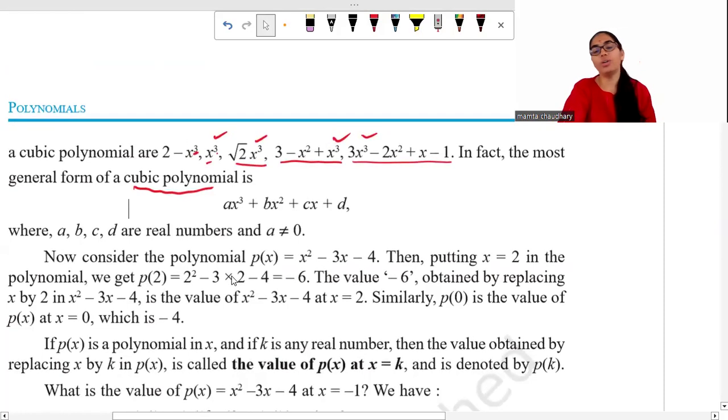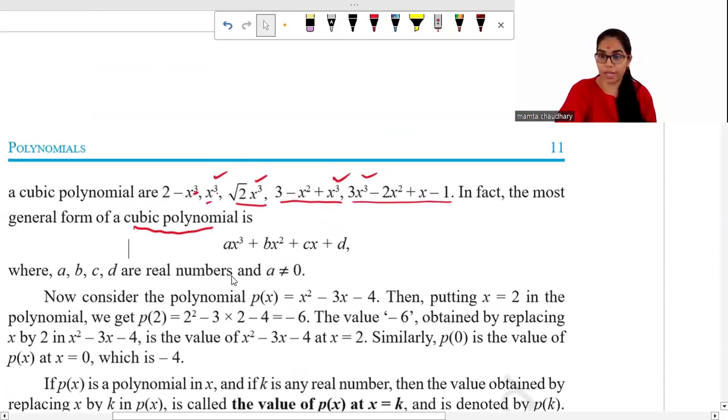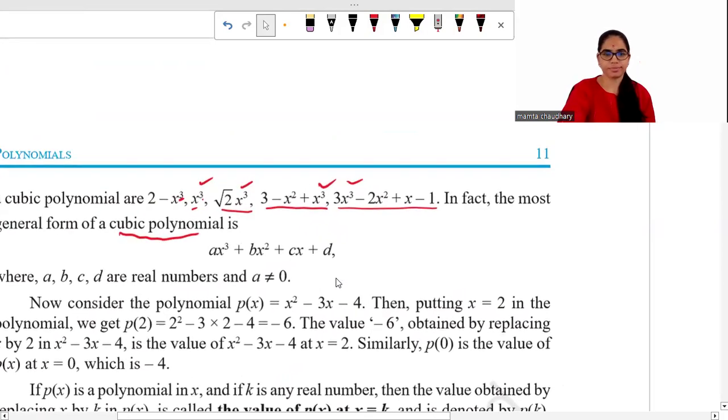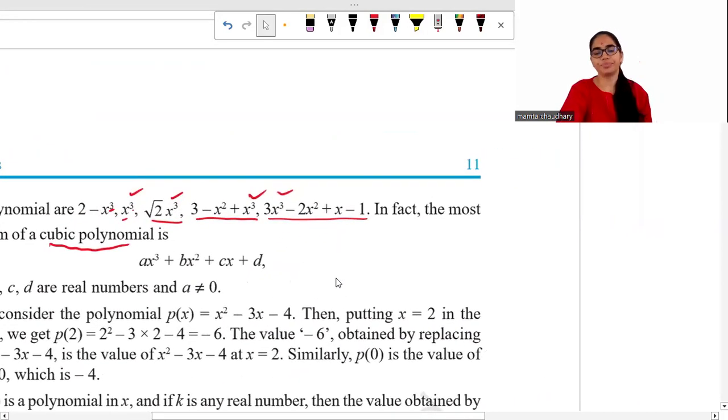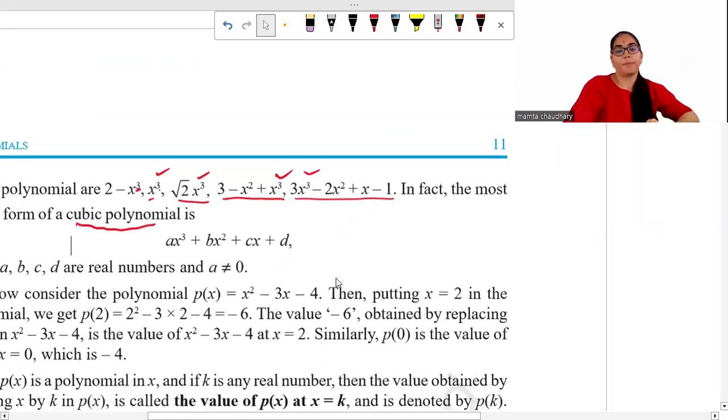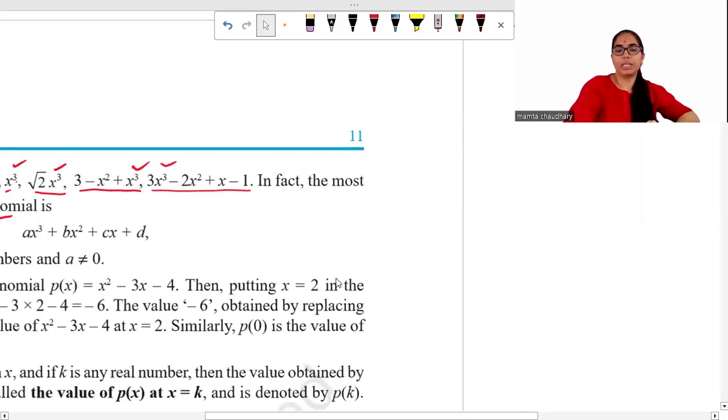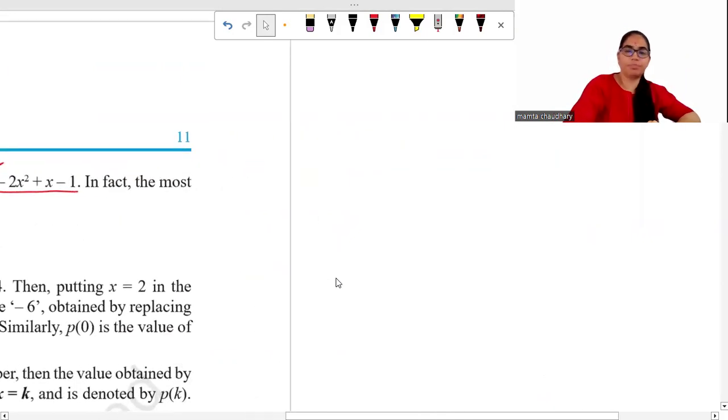Now, next we will see the value of any polynomial at some particular point. Let's take one example. Before the example, let's write in the standard form.